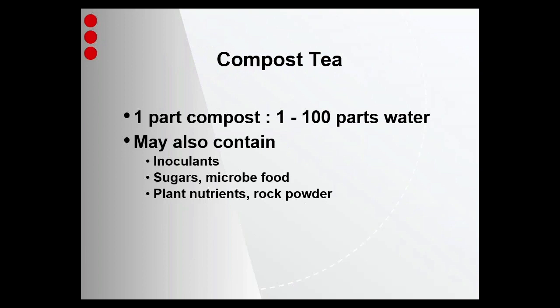Some people will add different things to stimulate microbe growth, including sugars, although just as a side note, if you're adding sugars, you need to be very well aware of the regulations because sugars can increase some of the pathogen growth in compost tea. In addition, people like to add different types of plant nutrients in order to boost the compost tea's use as a fertilizer, which we'll get into again as we talk about fertilizer use.